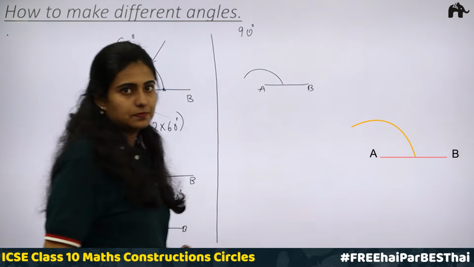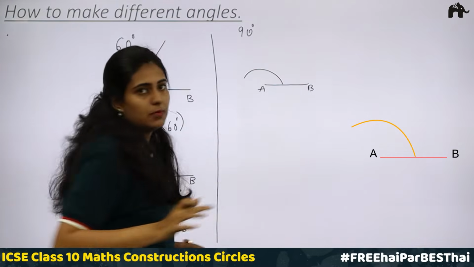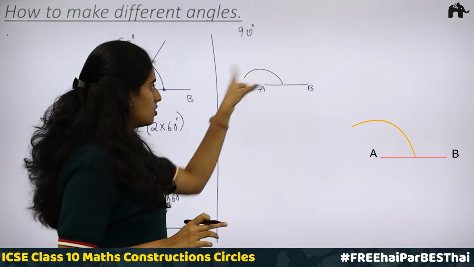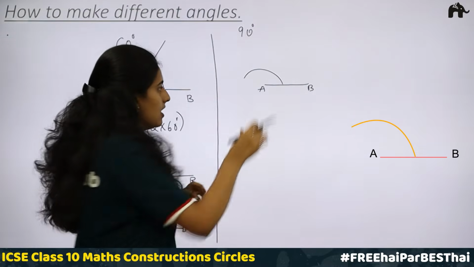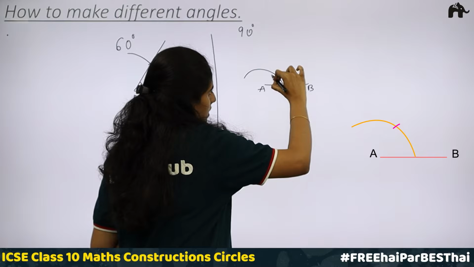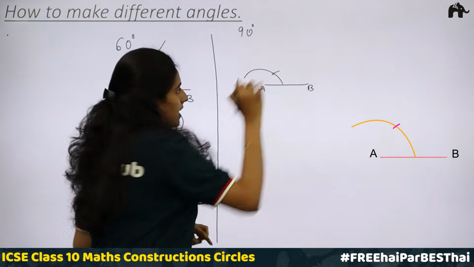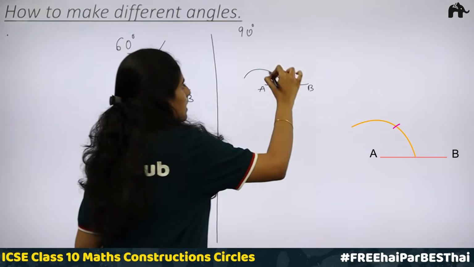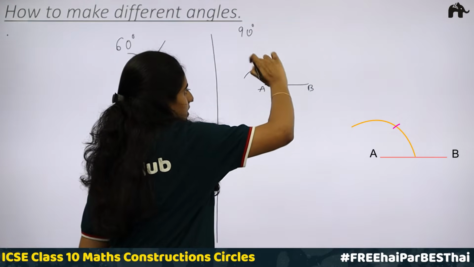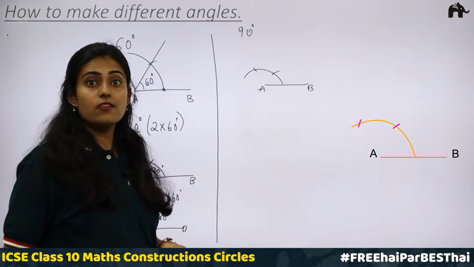Draw an arc. We have taken some measure and A as center. So, this is the required arc. With the same measure and center at this point, cut an arc. We got 60 degree. Cut the second arc here. So, we got 120 degree.